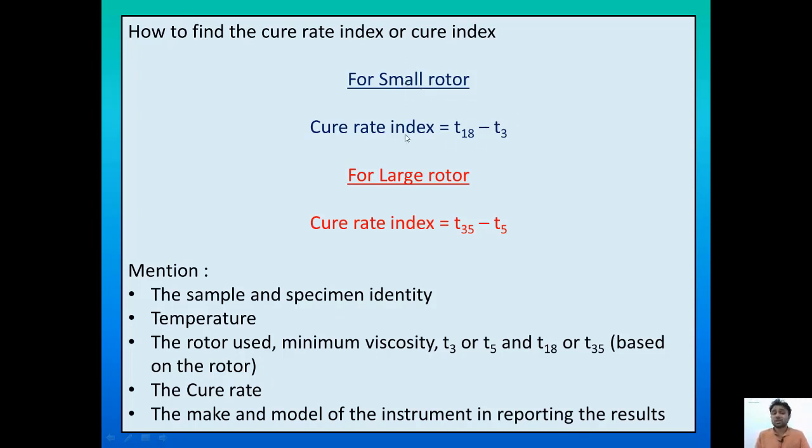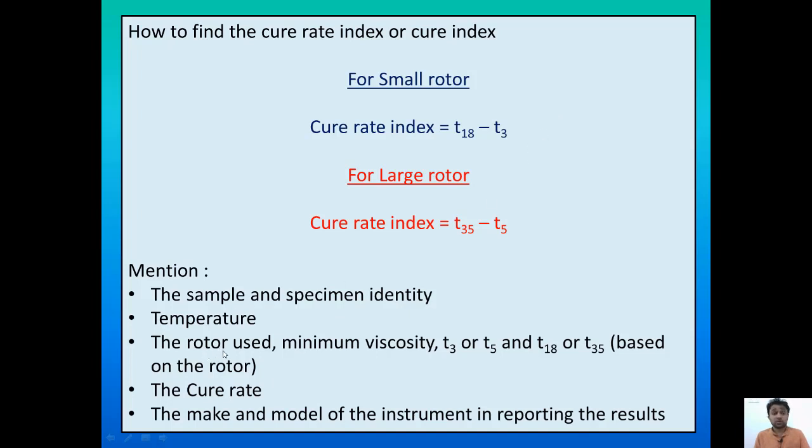That difference gives the cure rate, but here for this example this is the cure rate index, how fast the vulcanization occurs. Once you report this value, you have to mention what your sample is, its identity, and the test temperature, because the temperature determines the rate of curing.